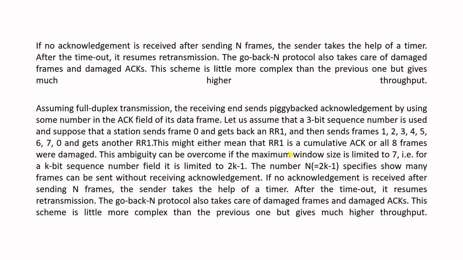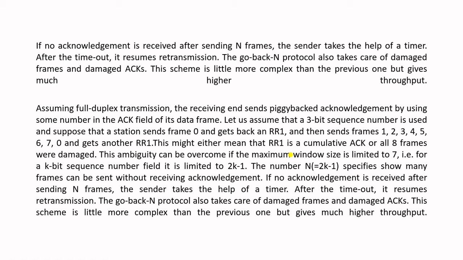This scheme is a little more complex than the previous one, but gives much higher throughput. Throughput means data sent per second. The amount of data received correctly by the receiver per second is known as throughput.